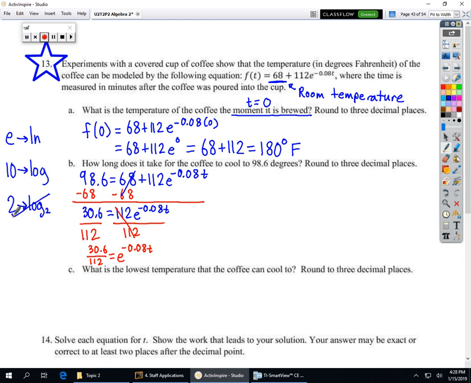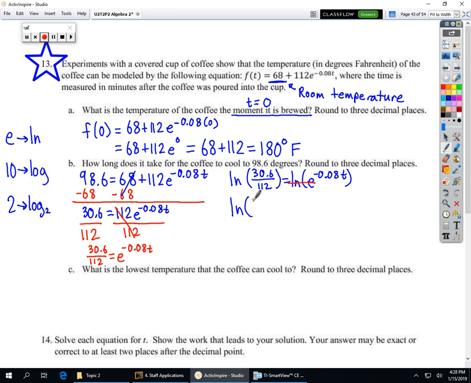This doesn't actually occur on the test. So let's take ln of both sides here. So it's going to be ln of 30.6 over 112 equals ln of e to the negative 0.08 t. The ln and the e cancel out.